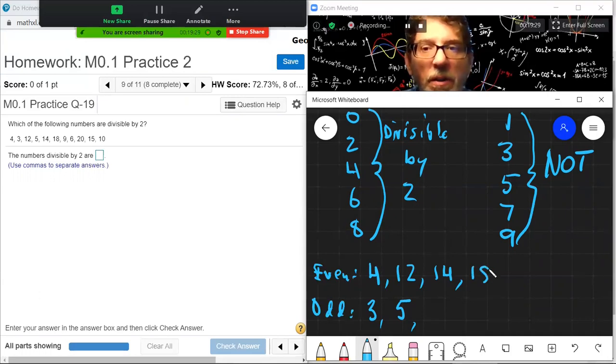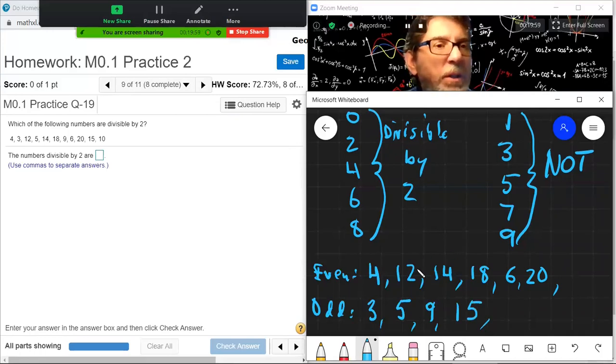Yes, divisible by 2. 9, nope. Then we have 6. There it is. It's divisible by 2. Then we have 20. It ends in 0. Divisible by 2. We have 15, which ends in 5. Nope. It's odd. It's not divisible by 2.